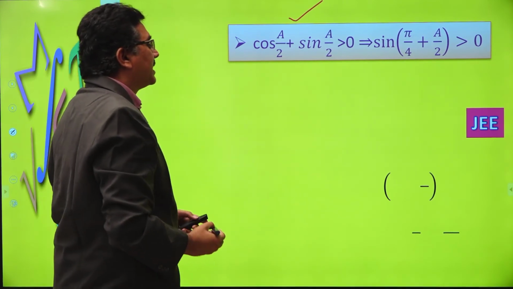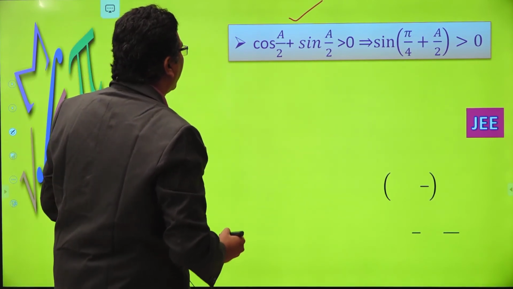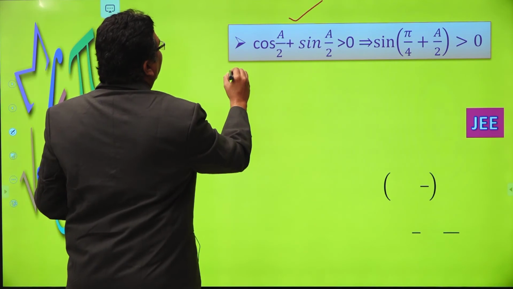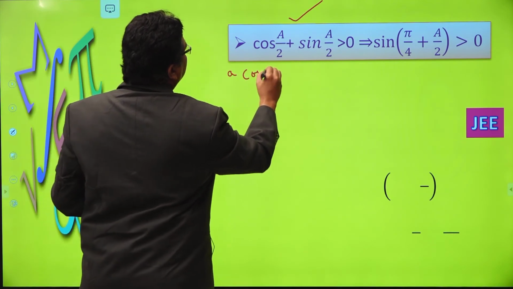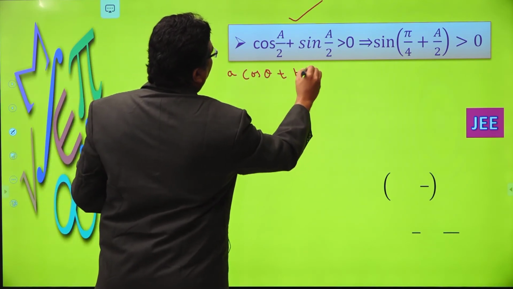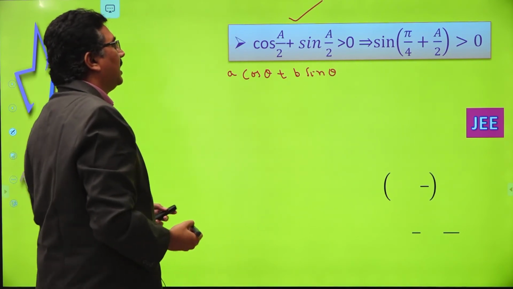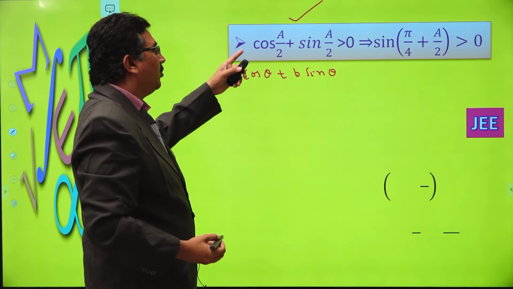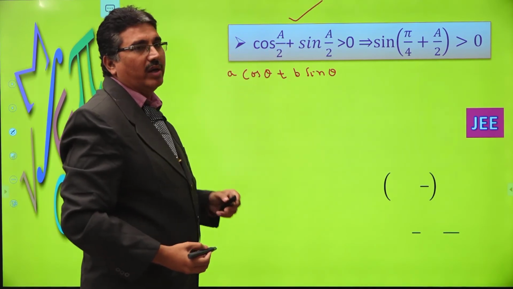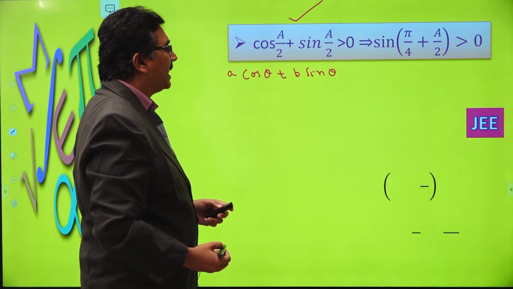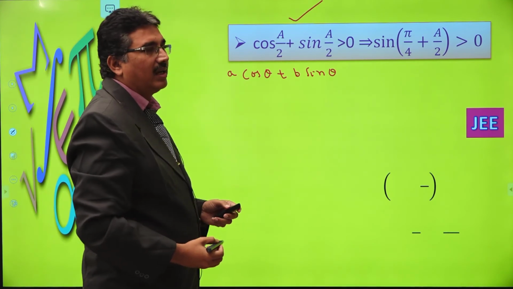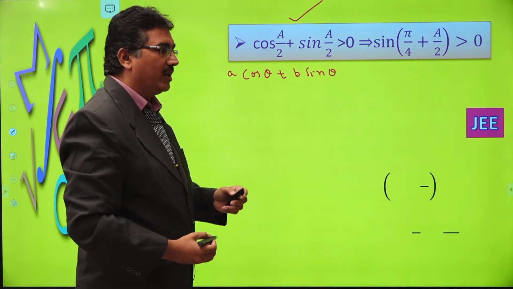Cos a/2 plus sin a/2 greater than 0. Now this expression is of the form a cos theta plus b sin theta. Here a is equal to 1, b is equal to 1. Root of a square plus b square is equal to root 2.